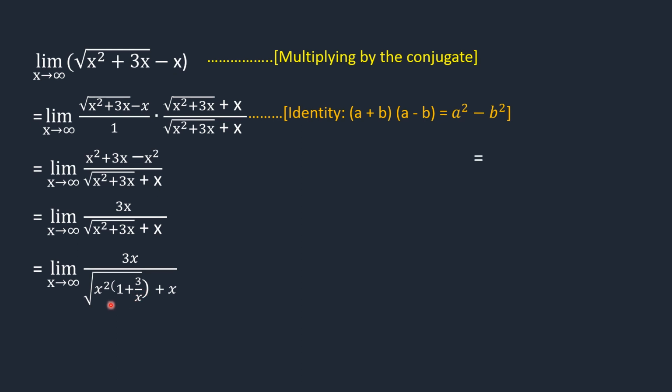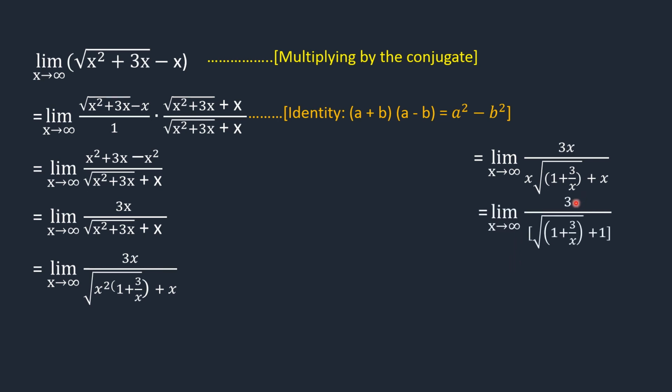In the next step, we will write 3x divided by x, because under root x square will be x, which we have written outside the radical sign. Now this x will get cancelled, and in the next step we will write 3 divided by under root 1 plus 3 over x plus 1.